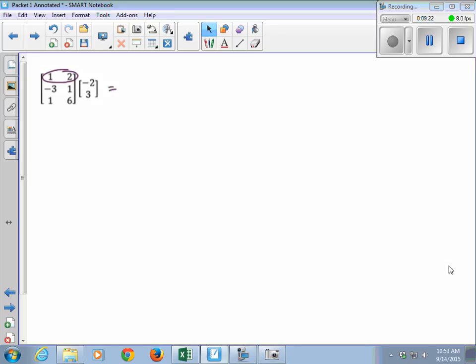So first of all, I need to know how big my answer is going to be. What are the dimensions of this first matrix? 3 by 2, right? And I'm multiplying that by, what are the dimensions of that vector? 2 by 1, right?